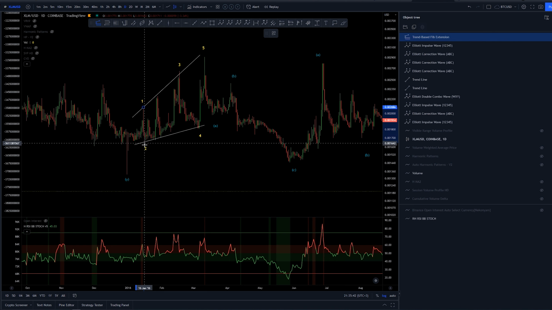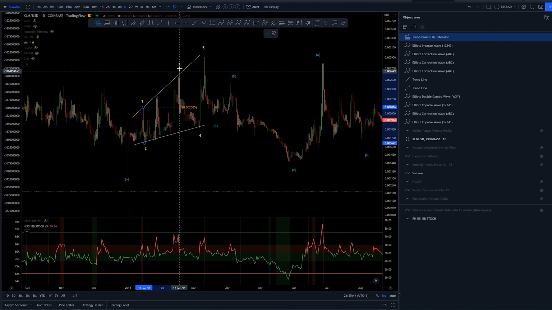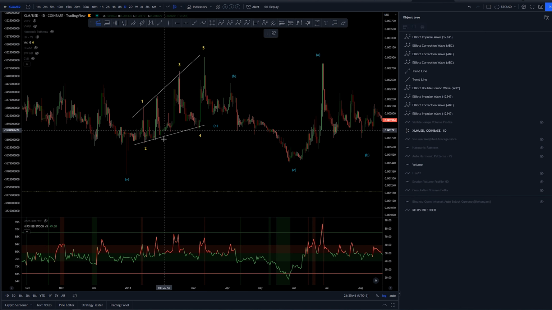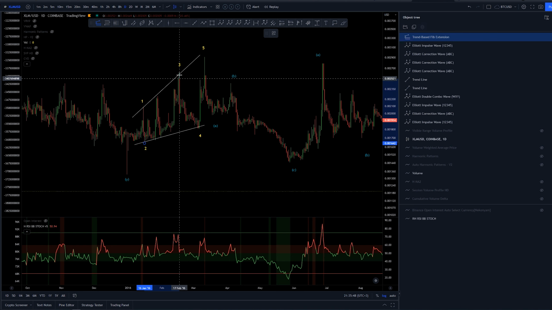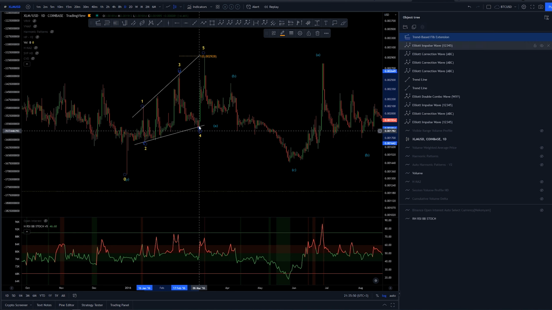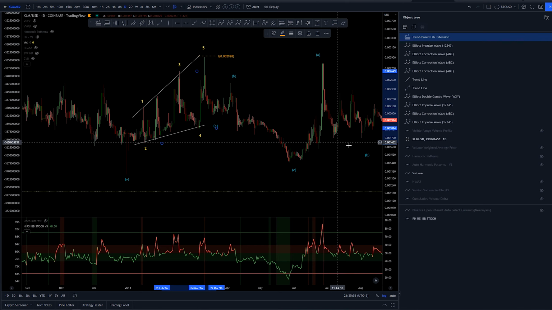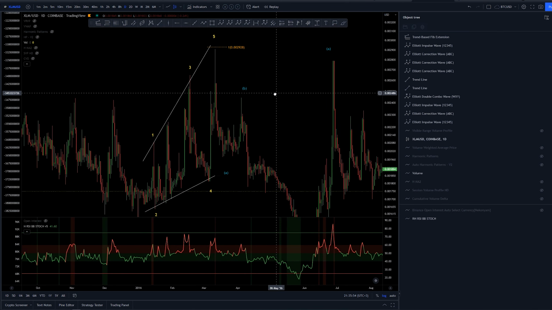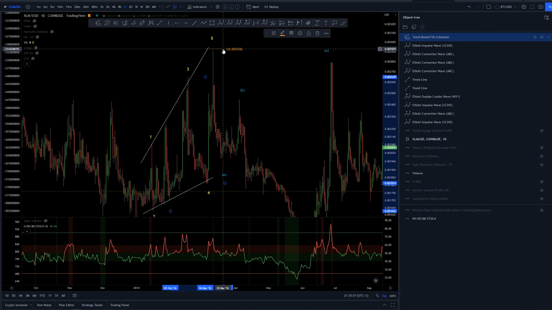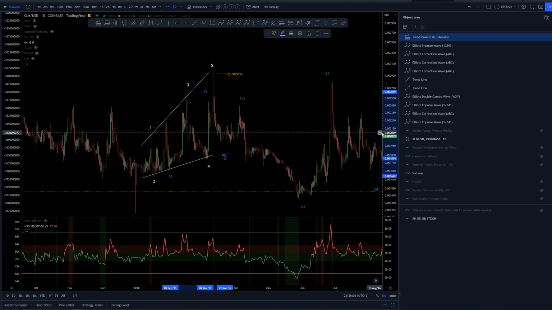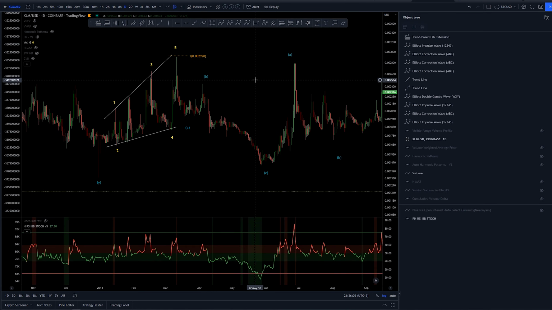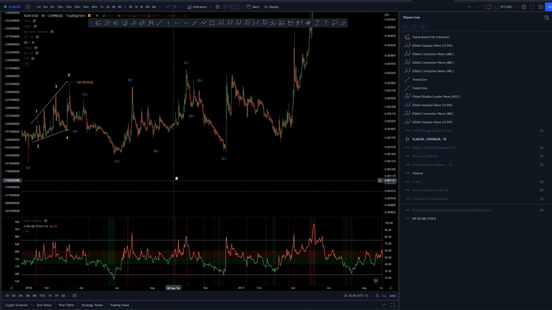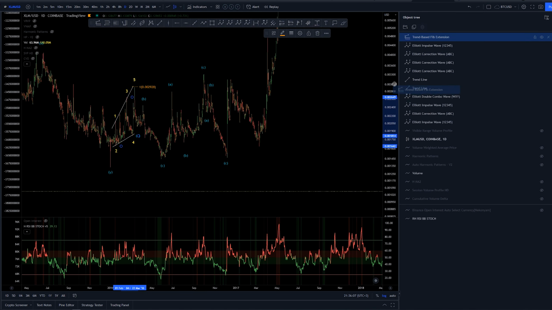At that point we would need wave 4 to be larger than wave 2, which it is, and then wave 5 to be larger than wave 3. It is so close. That is so annoying. But I think that's the best I can do for now.